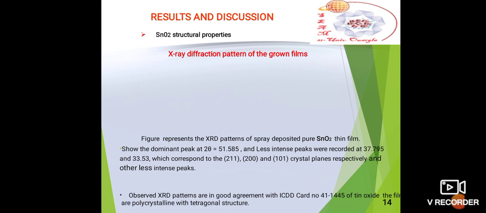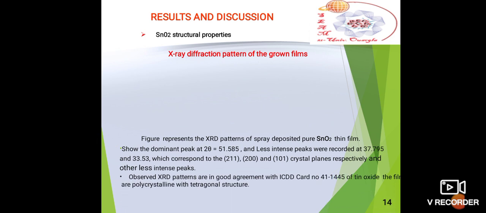Results and discussion. Tin oxide structural properties. The figure represents the XRD patterns of spray deposited pure tin oxide thin film. It shows the dominant peak at 2 theta 51.58 and less intense peaks recorded at 37.79 and 33.53, which correspond to 211, 200 and 101 crystal planes respectively.